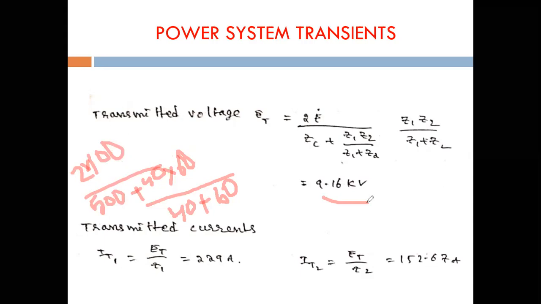What is the formula for the transmitted current? That is IT. The transmitted current IT is equal to ET by ZT.